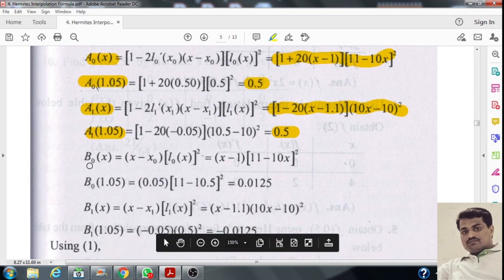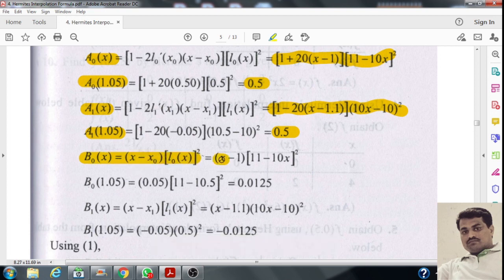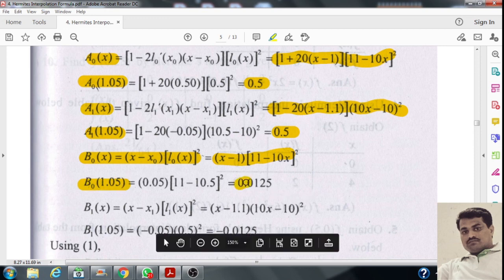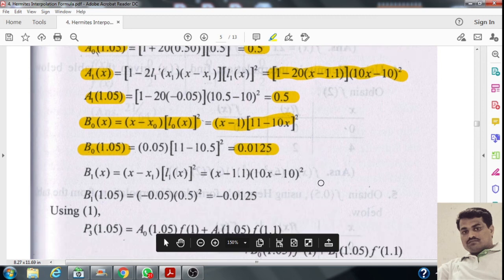Then we consider B naught of x. B naught of x is equal to x minus x naught into L naught dash of x, bracket squared. After the simplification we get this polynomial. Also here we find B naught at x equal to 1.05, because we want the solution at x equal to 1.05. After the simplification we get 0.0125.